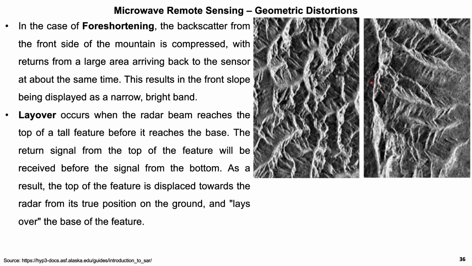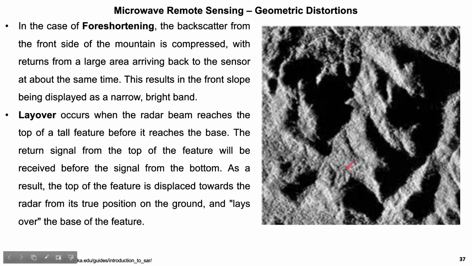This point has to come here, but it has appeared in this particular place. This is another geometric distortion. Then the last thing is the shadow. Your sensor is looking in this direction, and this is the top of the mountain. The back side of the mountain is not completely visible.